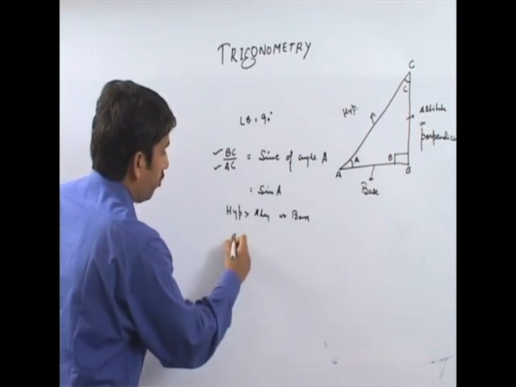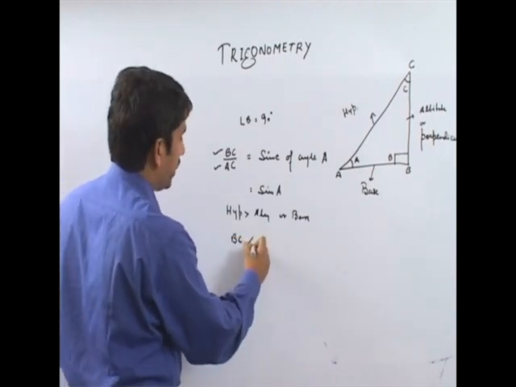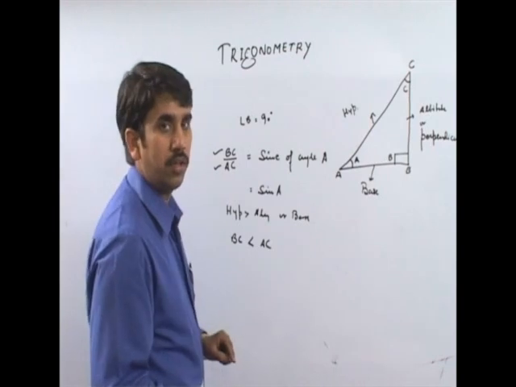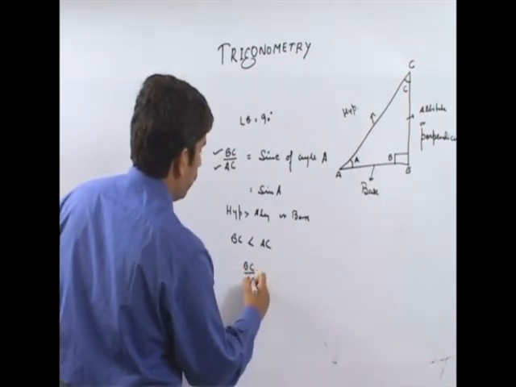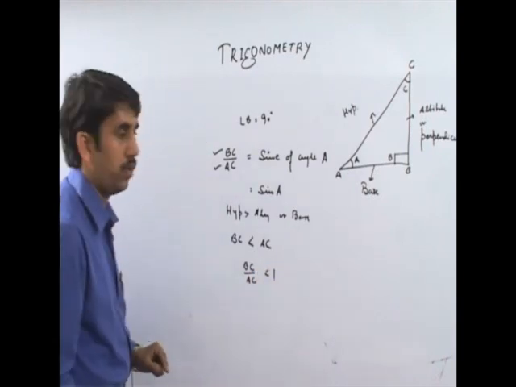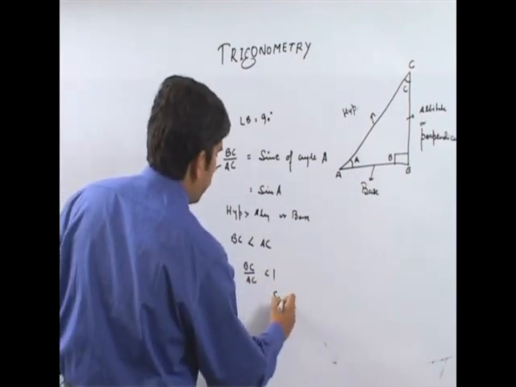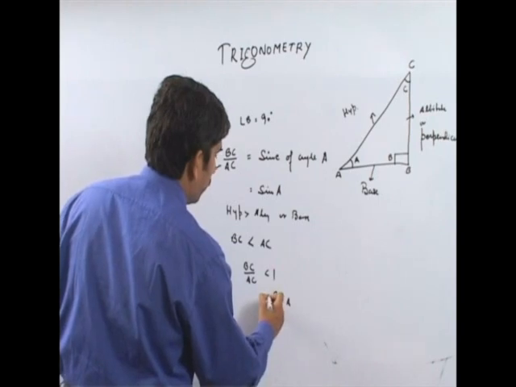Therefore BC will always be less than AC, so BC over AC is always less than 1, or you can say sin A is always less than 1.